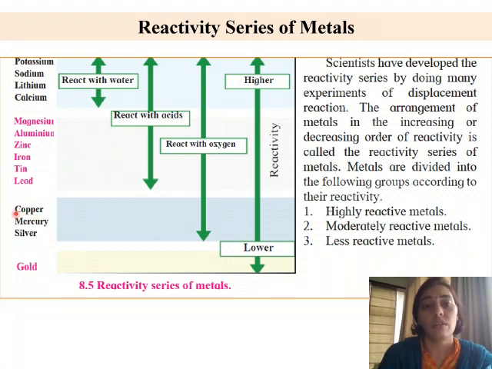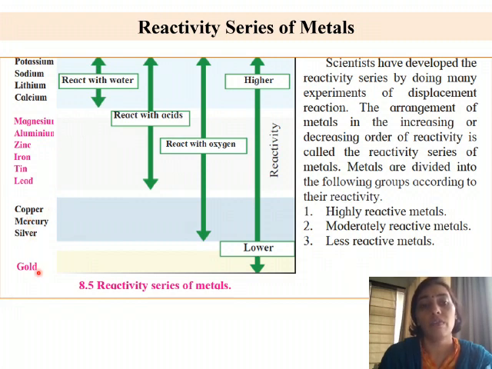Then coming to the lowermost category, that is copper, mercury, silver, the less reactive metals, and we know that copper is displaced by iron and zinc. We have done all these experiments, and we come to know that copper is displaced by many other metals in the reactions.